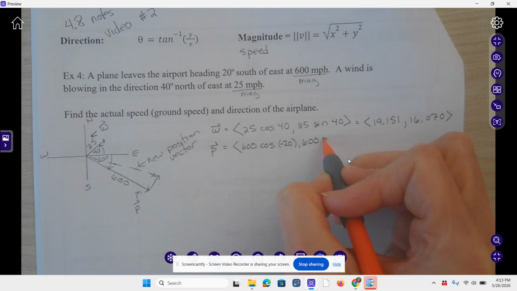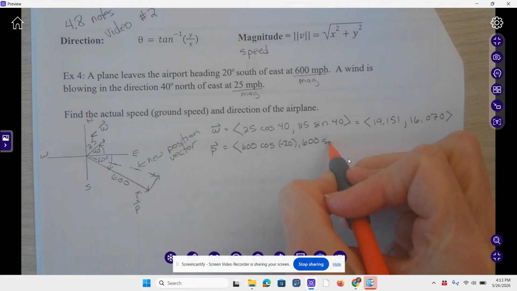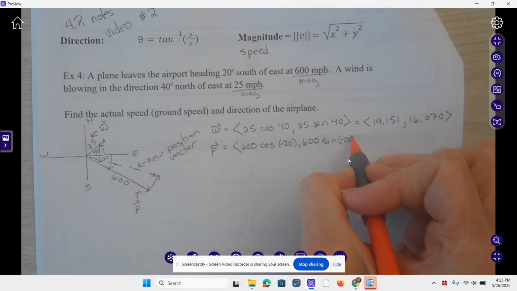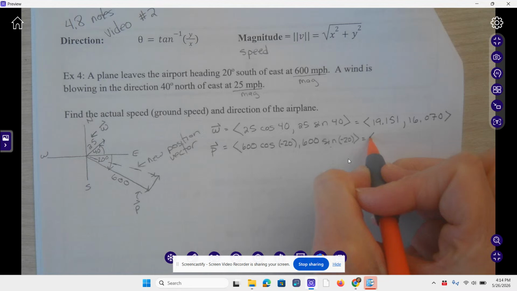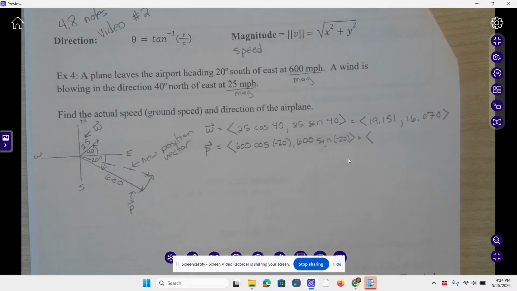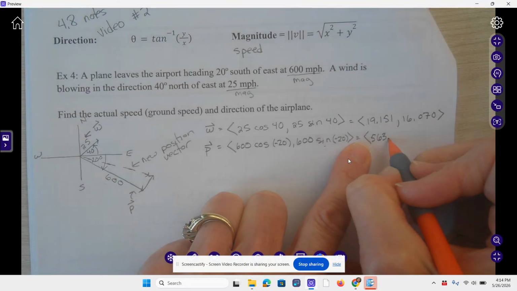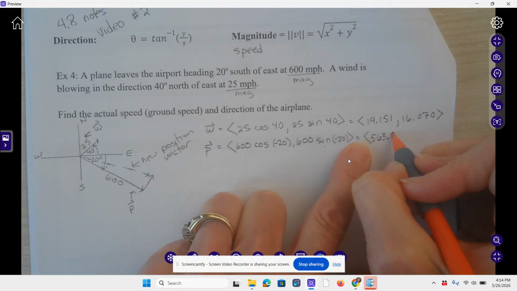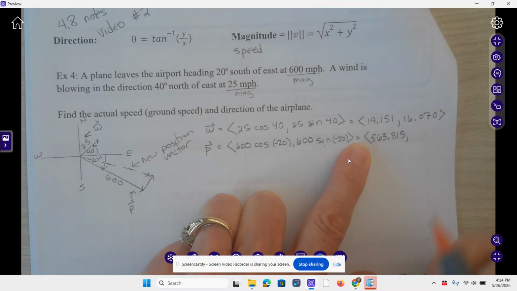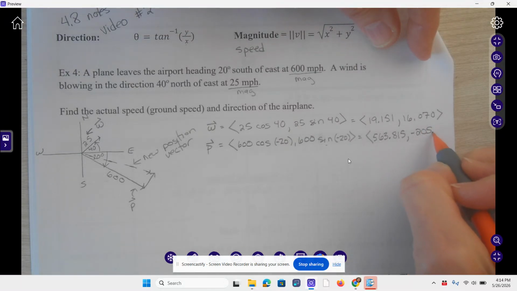So that's your plane vector. And then you want to put all that in your calculator and you're going to get 563.815. That's the x component, and the y component will be negative 205.212.